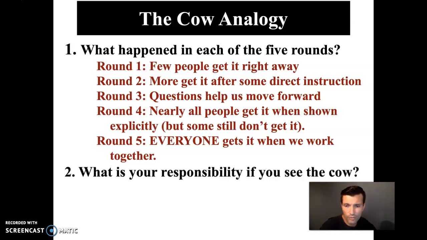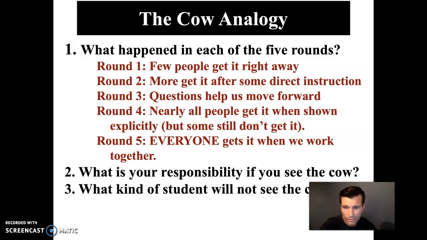And the healthier and more productive way to work together is to take to heart the co-responsibility for seeing the cow for everybody in the classroom. Students in my class have two jobs. Their first job is to ask questions courageously, to approach learning with courage in their heart and not worry that their peers and their classmates are going to judge them as less than or dumb if they don't understand right away.